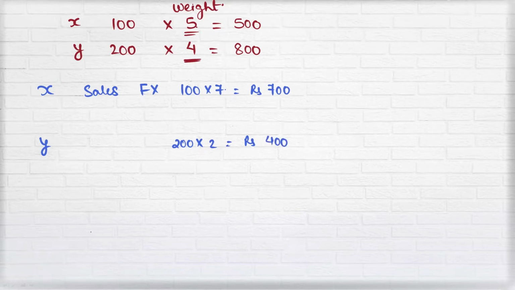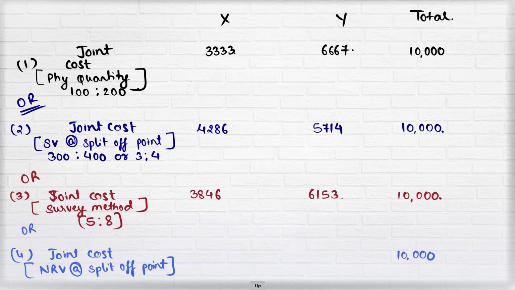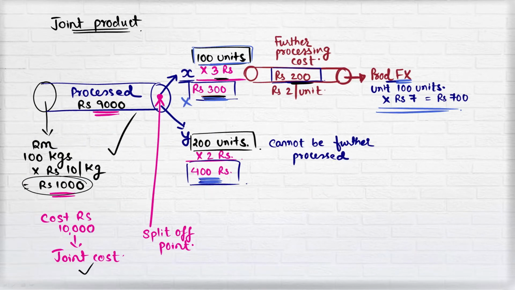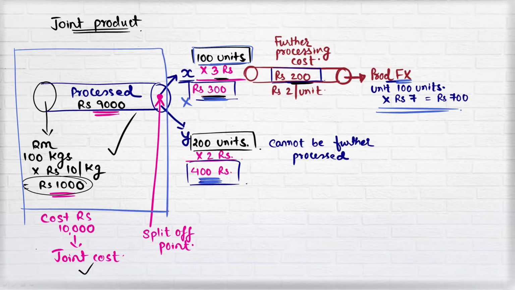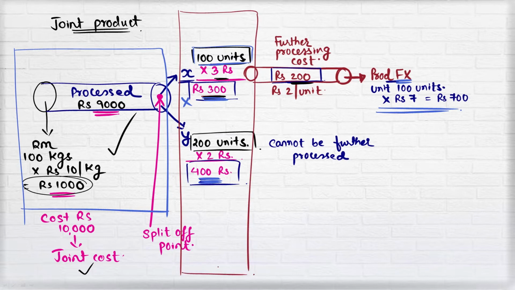But please understand, these two figures cannot be compared. Why? Try to understand. Whenever you are distributing this cost, always the base should be taken of something from here. You cannot take a base of something from here. Why? Let me tell you.